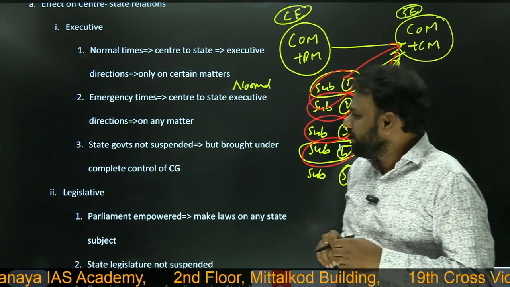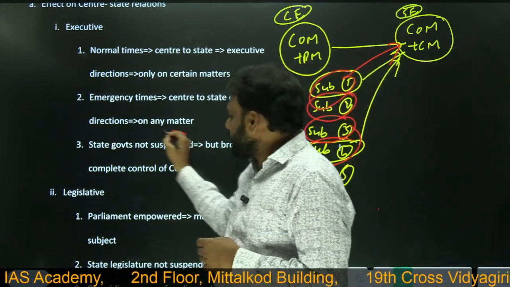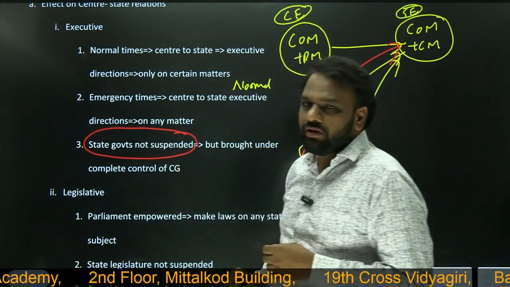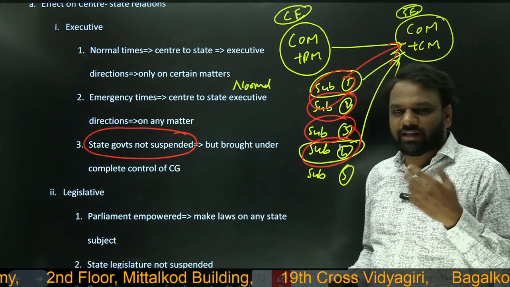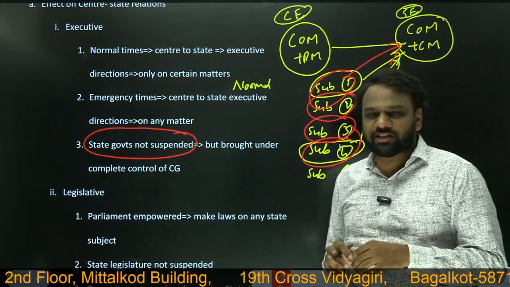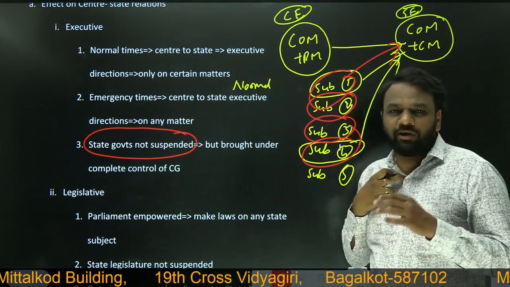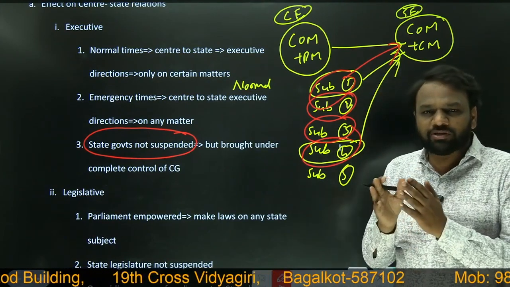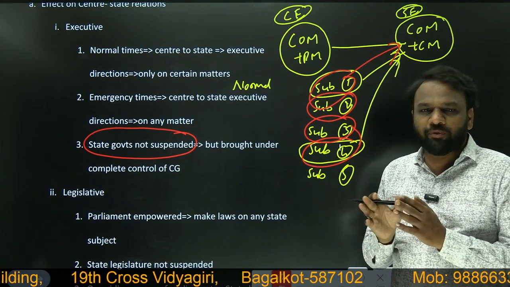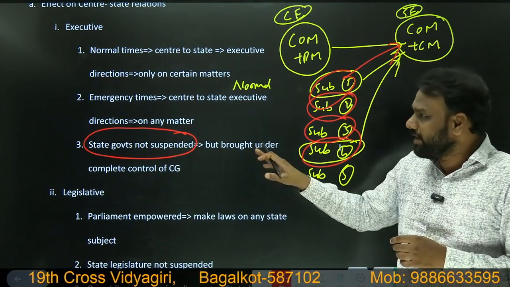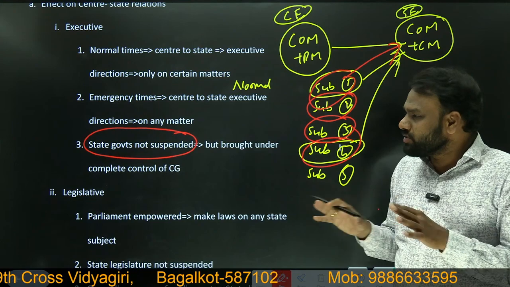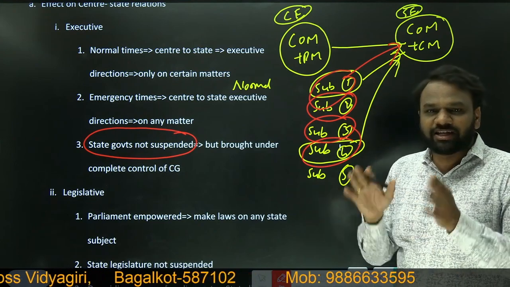Next, very important, state governments are not suspended. In President's rule, we will discuss that state governments will be suspended. State government suspending means the Council of Ministers headed by the Chief Minister will lose their position. The CM will lose the position of CM, ministers will lose the position of ministers, and so on. But here during national emergency, there is no suspension of state government. State government exists.